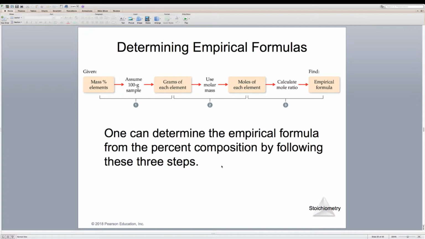We have some examples of that in our in-class worksheet. If you know the mass percent of elements, then we always assume a 100-gram sample. We take the percent, convert it into grams of each element, convert that to moles of each element, and then look at the mole ratio to find the empirical formula. You will see this process in the in-class worksheet step by step.